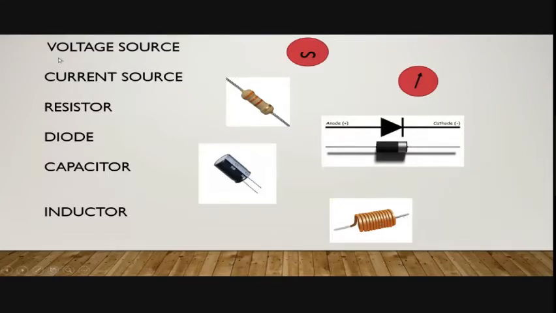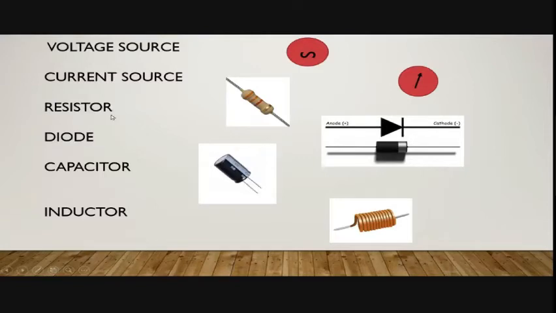So out of these, voltage sources and current sources you have already studied, AC and DC voltage sources, AC and DC current sources. Then this resistor is called a passive element or a passive device. Now, what does a passive element mean?